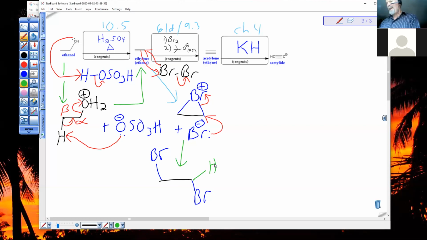So if I call that H there, the one that's going to be removed, then I'm making that the beta carbon, and this the alpha carbon. Try to draw my tert butyl a little better this time. Nice. Tert butoxide is what that's called.